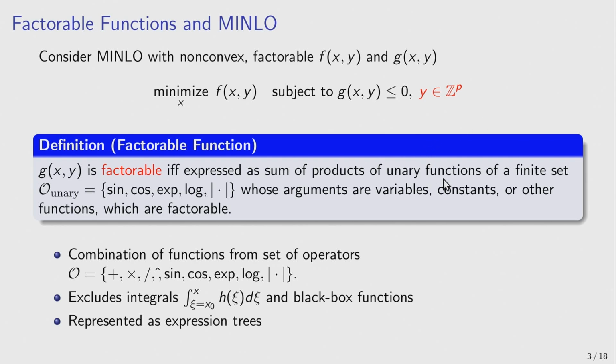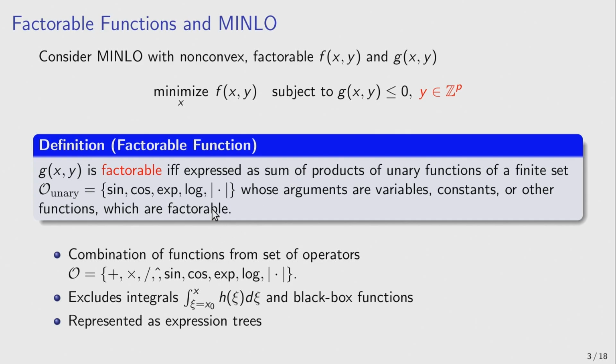And this term factorable means that we can express our function as the sum or products of unary functions of a finite set whose arguments are variables, constants, or other functions. This should be an or.